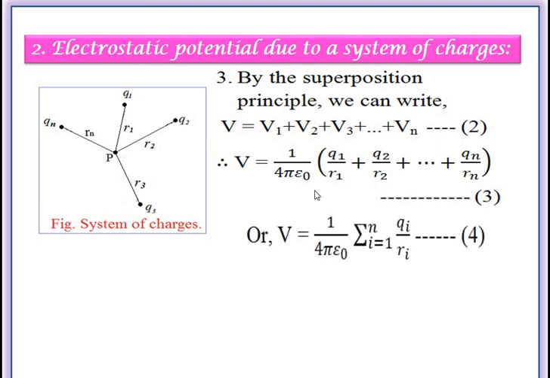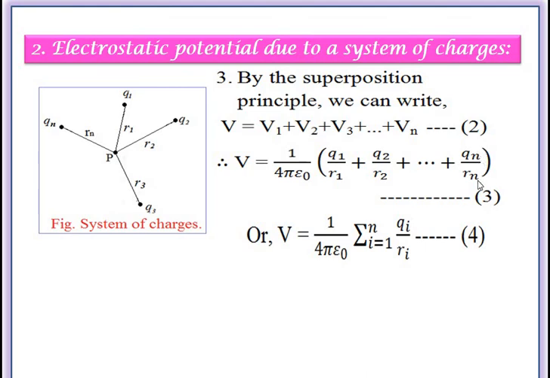In general, we can write this equation as the electrostatic potential due to the system of charges, given by the relation 1 upon 4 pi epsilon 0 into summation of i running from 1 to n of Qi divided by ri. Suppose this is equation number 4.